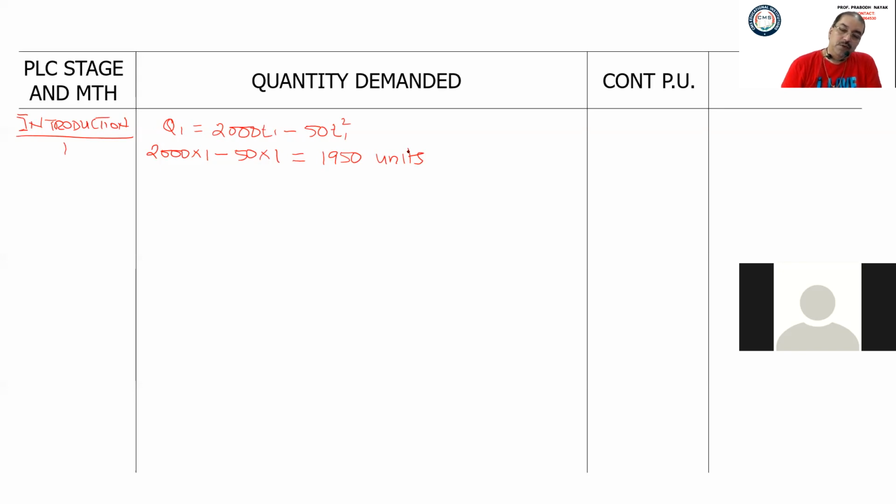Now, contribution per unit. Selling price 800. What is the selling price as of now? It is 800. What is variable cost? 640.